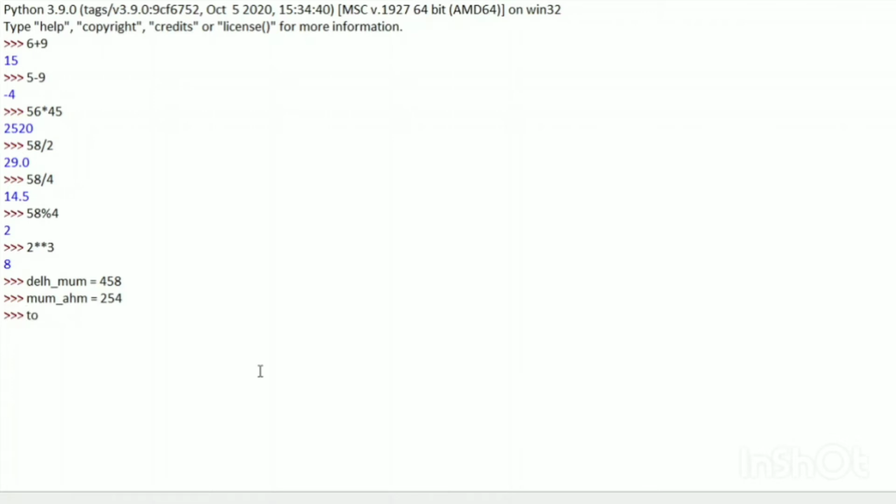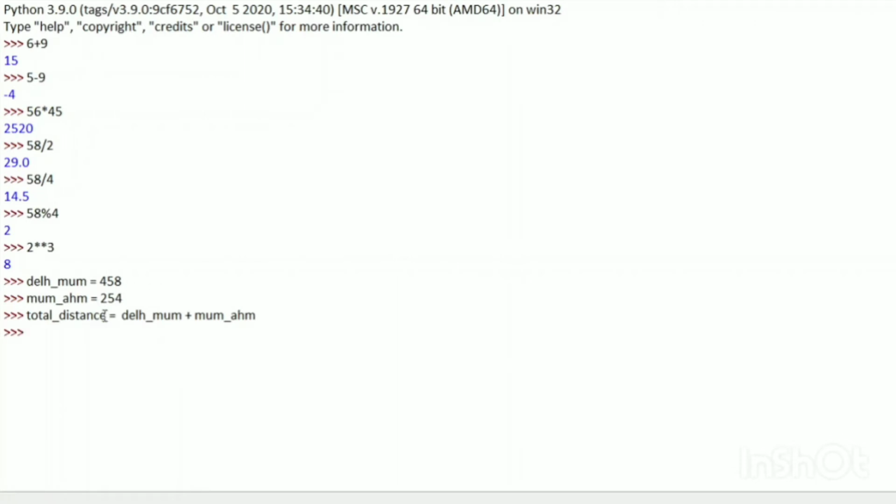So obviously I will make one variable called total distance, which is equal to the first variable which we have made, from Delhi to Mumbai, plus Mumbai to Ahmedabad.